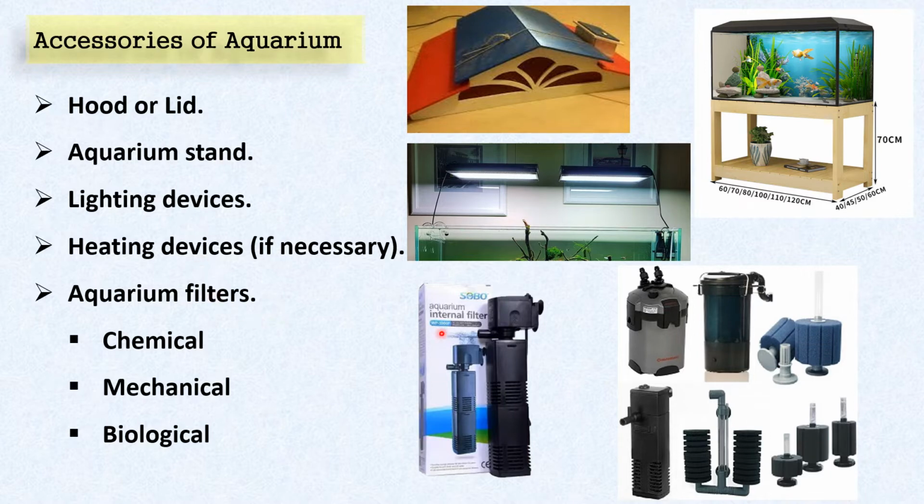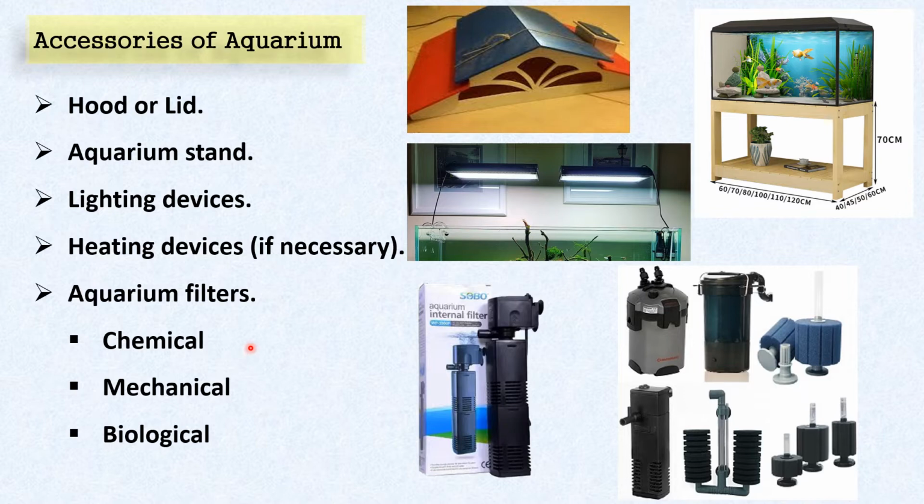Then aquarium filters. It is very important because in the water of the aquarium, many types of substances are going to be released, either waste materials from the fishes or dust or other things. So it has to be kept clean. There are different types of filters. Some filters are just mechanical. What they do is they just filter out the dust part and keep the water clean.